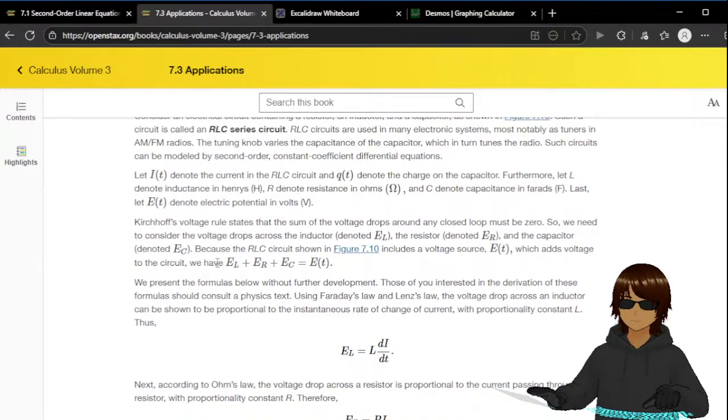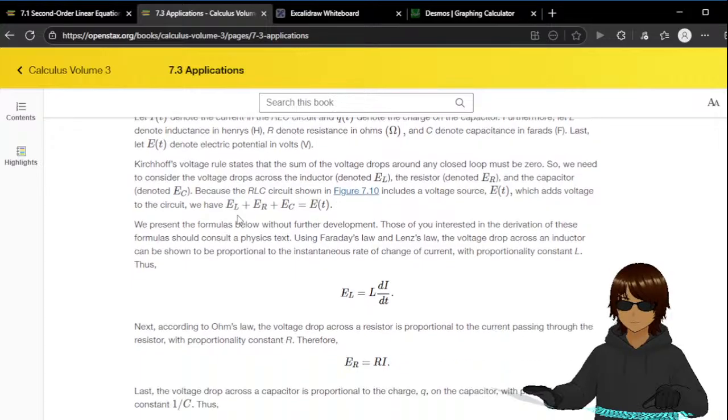So the voltage drop when it goes through the inductor, the resistor, and the capacitor is equal to the total voltage. We present the formulas below without further development.